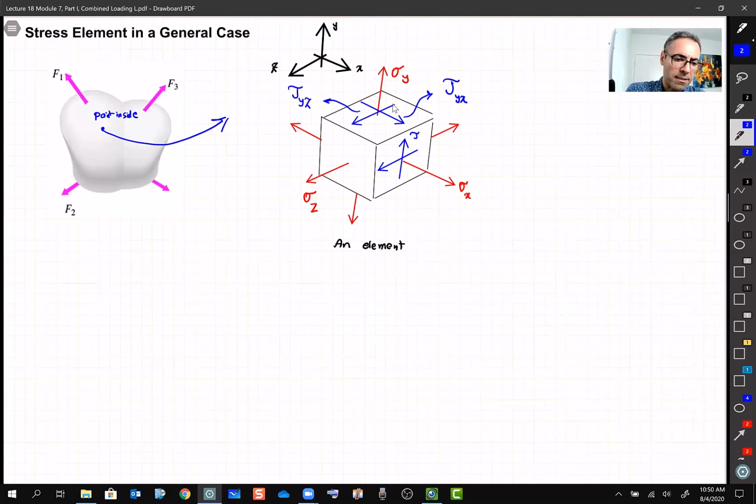It is on plane x, and its direction is y. So it's going to be tau xy. And similarly, this one is on plane x, and direction is z, tau xz. Okay? So this is the way we show the stresses for each side.